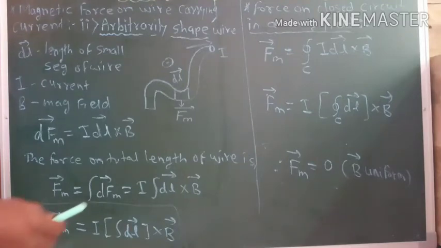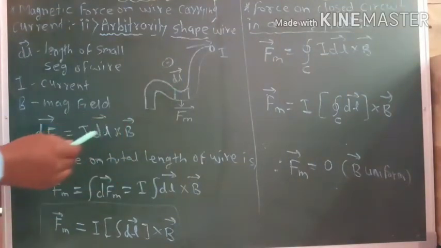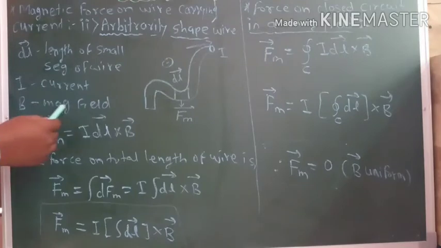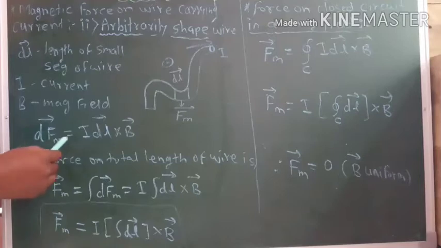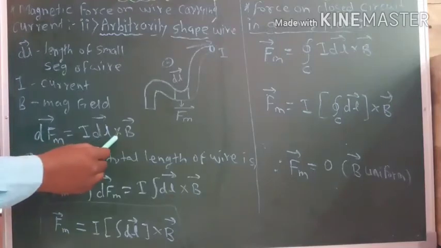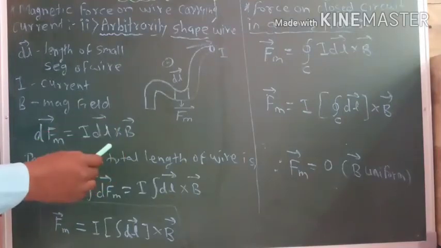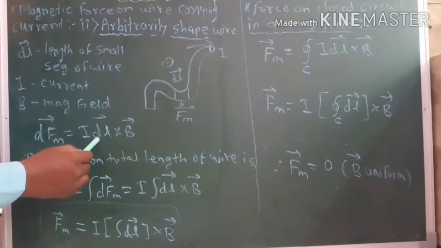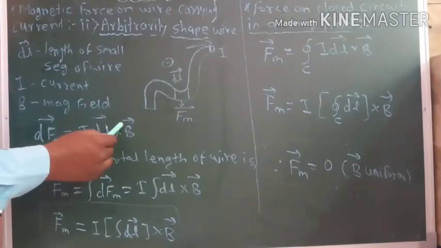Similarly, we consider the small element dl vector, the length of a small segment of wire, I is the current flowing through the wire, B is the magnetic field. From the equation F_m vector equals I L vector cross B vector, which we studied at the last lecture for the straight wire, we can also write dF_m vector is equal to I dl vector cross B vector.